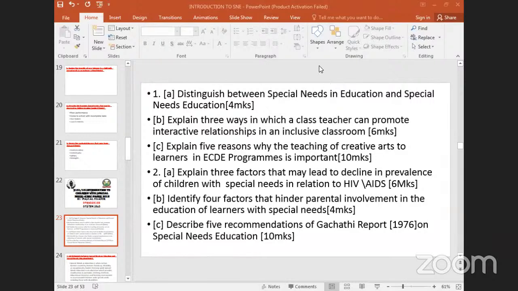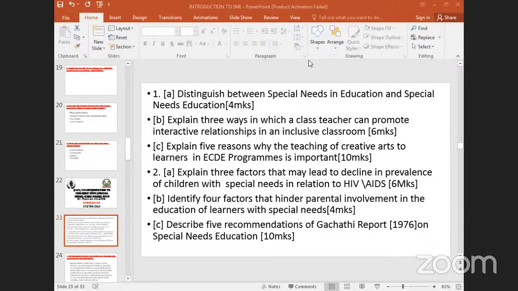We are having a variety of different educationists who gave their insights and recommendations as far as the education system is concerned. We find that Kenya as a country picked on a report that was given by this philosopher by the name Gachathi.